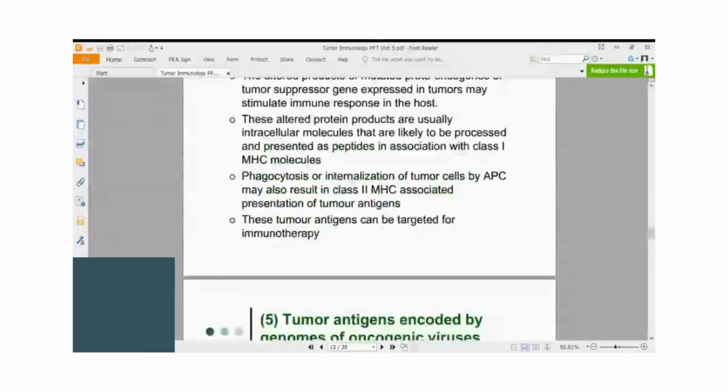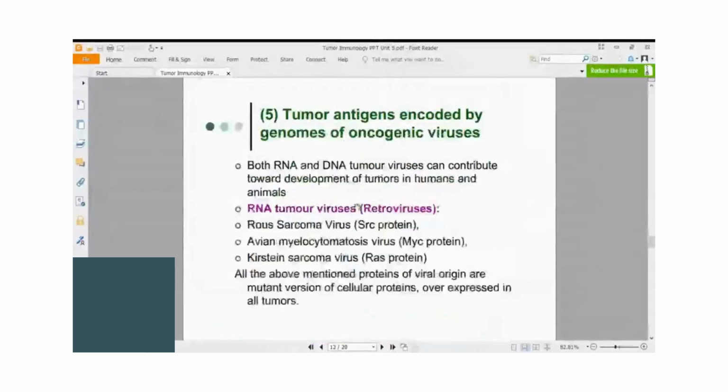Now here I am talking about an RNA virus causing that mutation, and the protein produced by that RNA virus resembles the protein of the cellular proto-oncogene, almost in all respects, except that a few of the amino acids are different. And because of that, those amino acid differences make that protein different, giving the extra ability for the cells to undergo proliferation and develop into tumors.